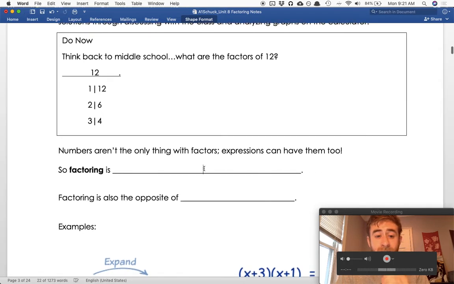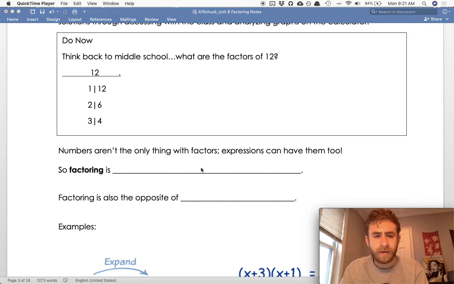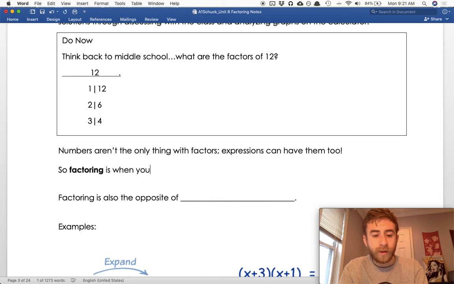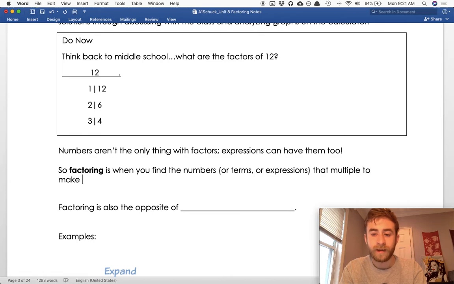So factoring is when you find the numbers, and I might even say terms, or expressions that multiply to make a bigger number or term or expression.